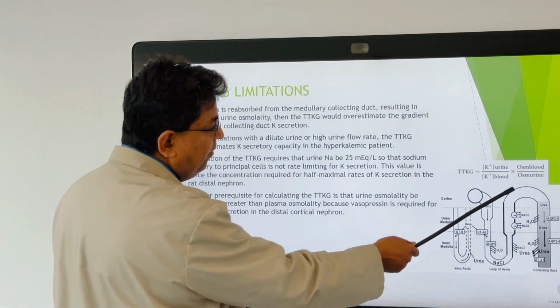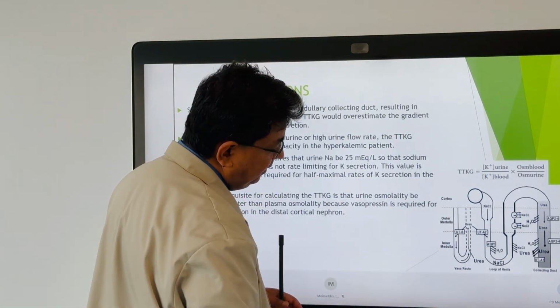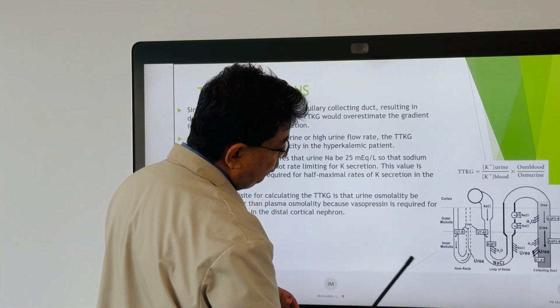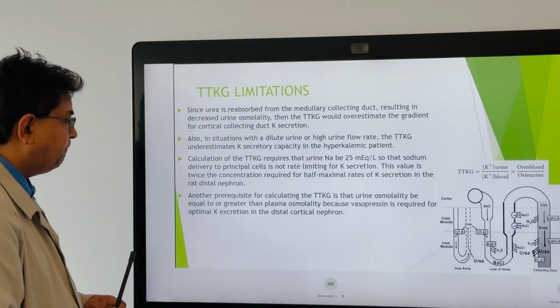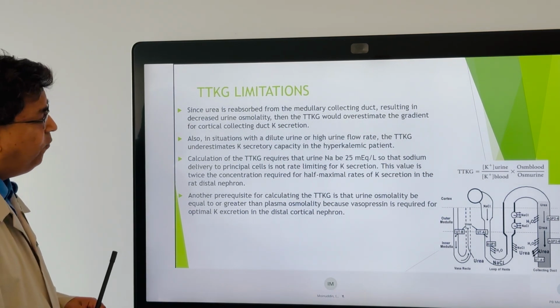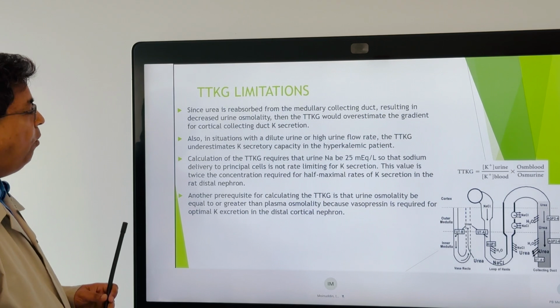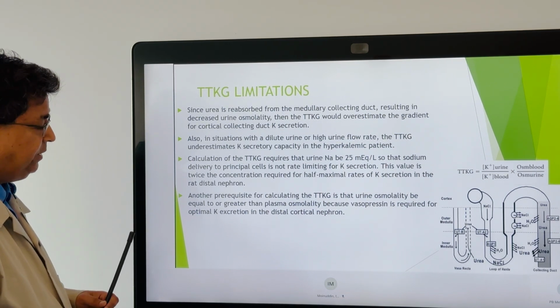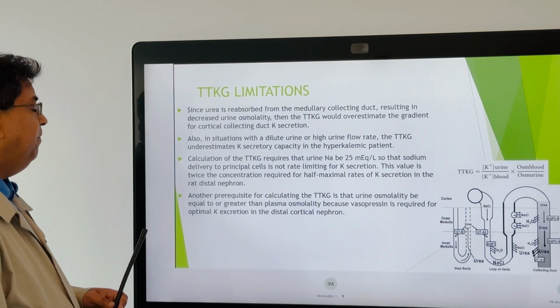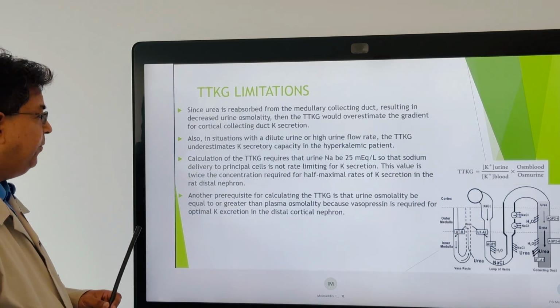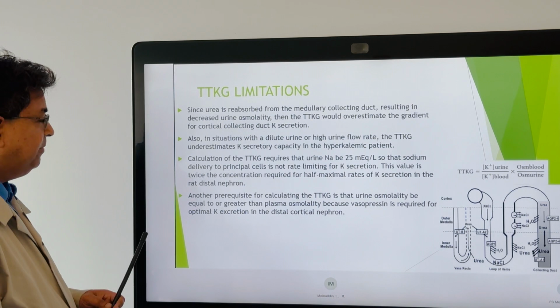As you can see, water is reabsorbed in the collecting duct, and in the medullary collecting duct, urea is also reabsorbed. Therefore, reabsorption of urea would alter the potassium concentration, and therefore the transtubular potassium gradient would overestimate the gradient for cortical collecting duct potassium secretion.